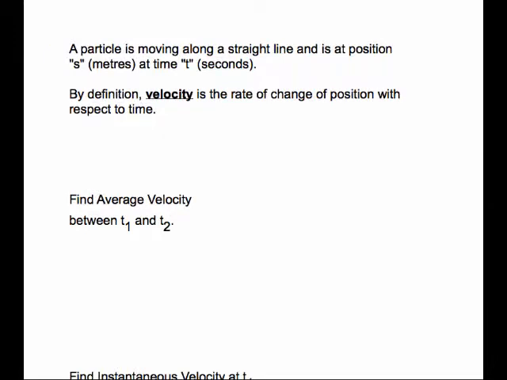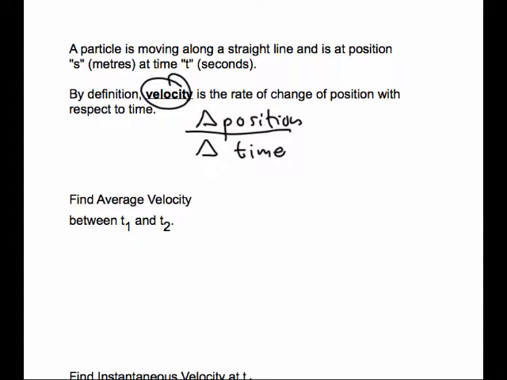Another common rate of change in science is velocity and acceleration. By definition, velocity is the change in a particle's position over the change in time. By position, we just mean where a particle is along a straight line at time t. So is it at the 0 meter mark, the 1 meter mark, etc.